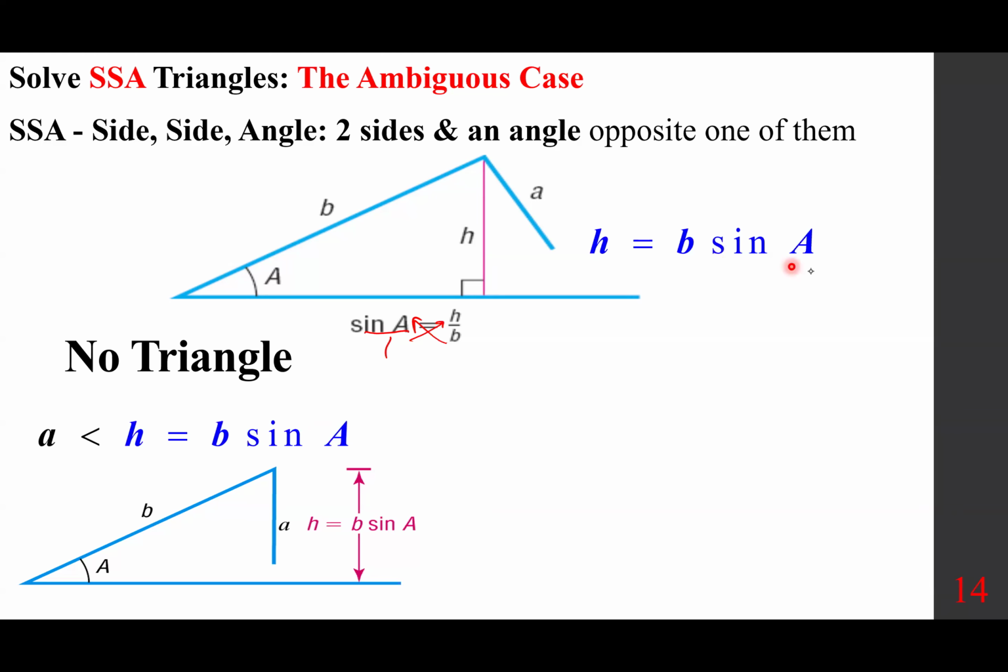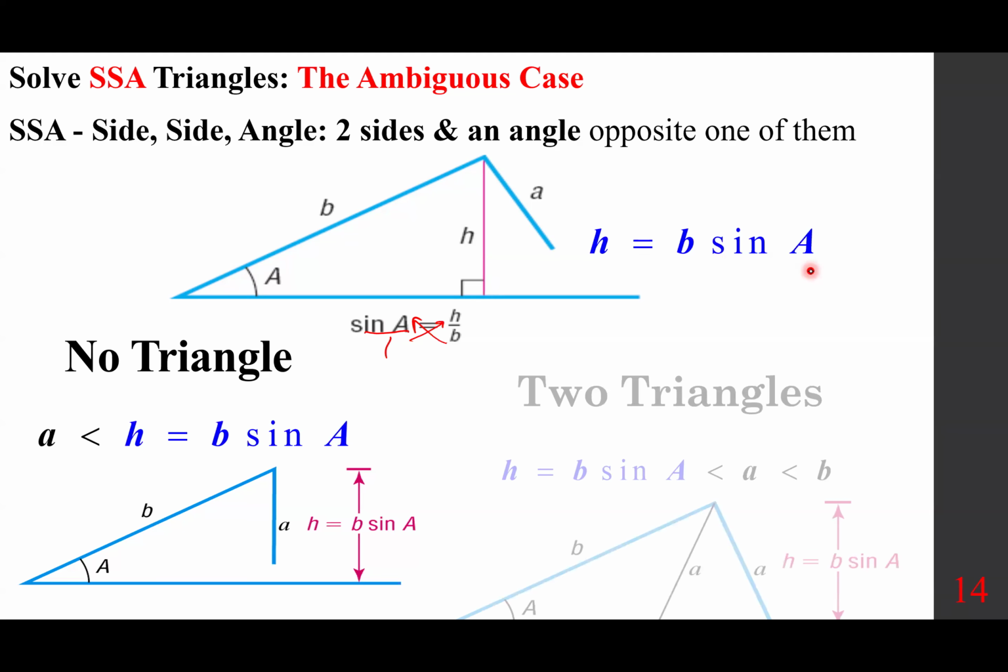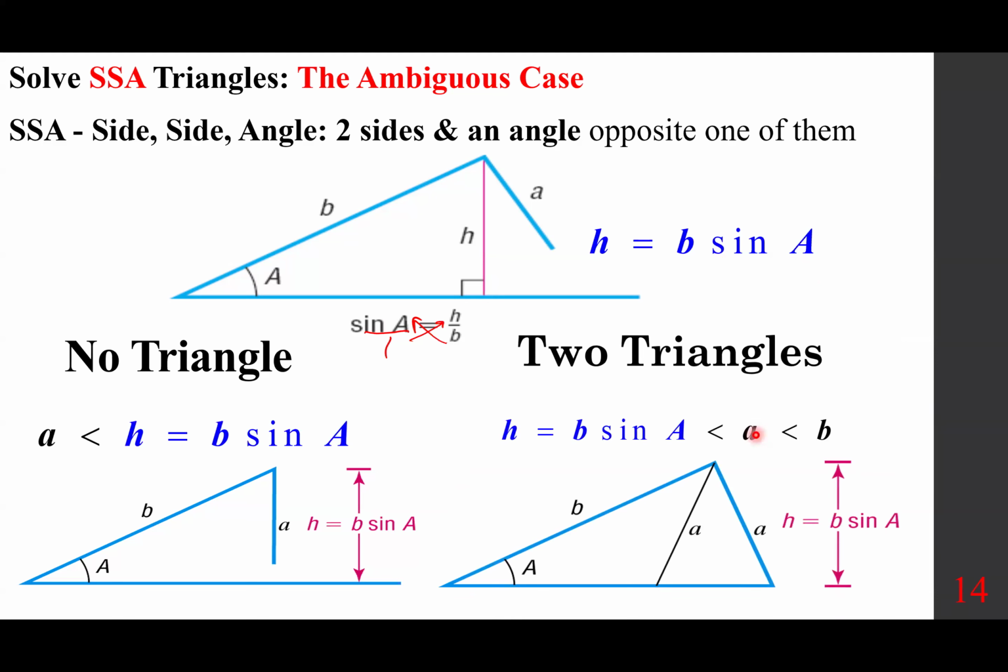However, if this b times sine A is less than a, and of course, a is less than b, in other words, these two sides are not equal, okay? So b sine A is less than a, which is less than b.